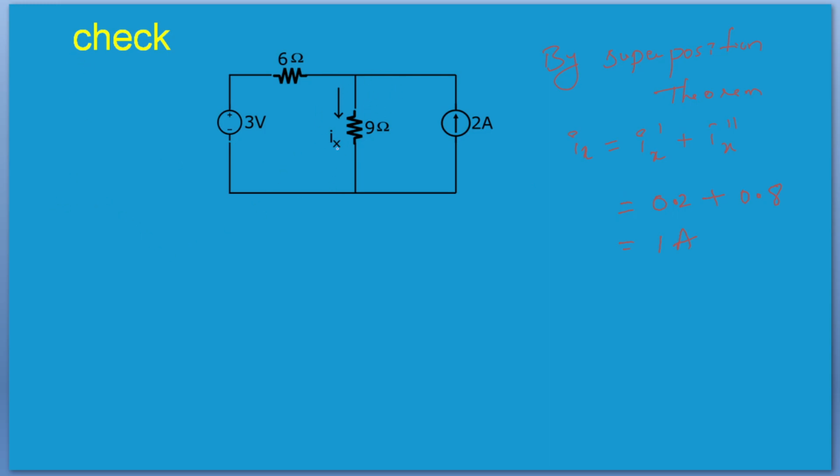Now I will check whether this result is correct or not. Now I apply nodal analysis. Using nodal analysis, in this circuit I assume the node voltage to be V volts and this is the ground node.